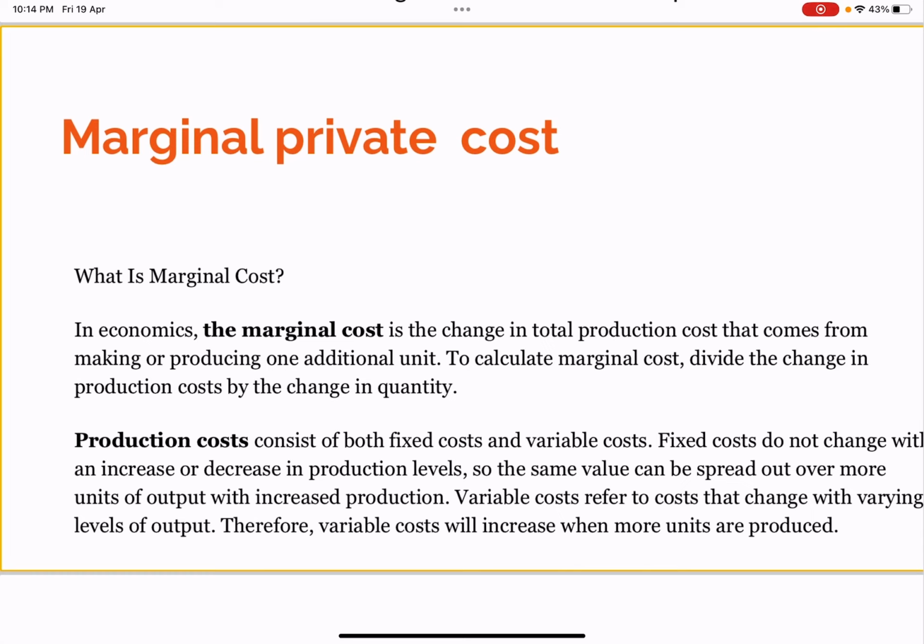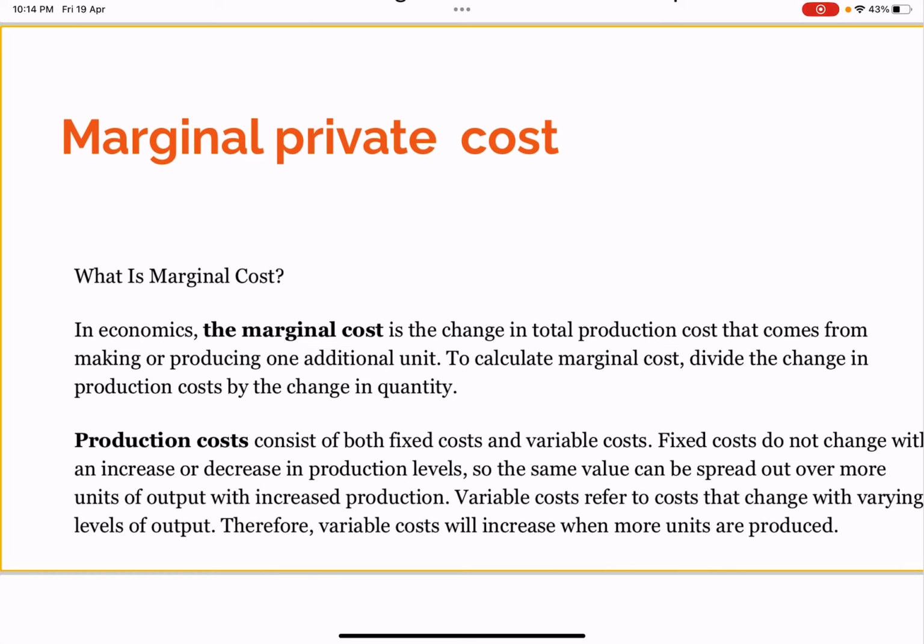But if you want to figure out what additional cost the firm has to bear if it is going to produce 101 units, so it is going to add one more unit, that additional cost is called the marginal cost.